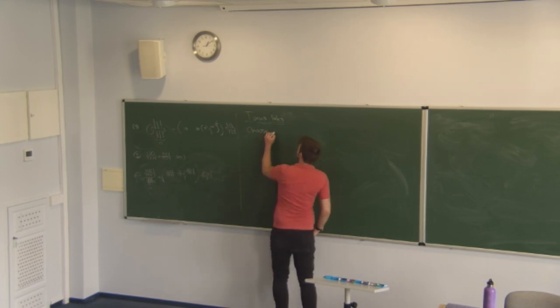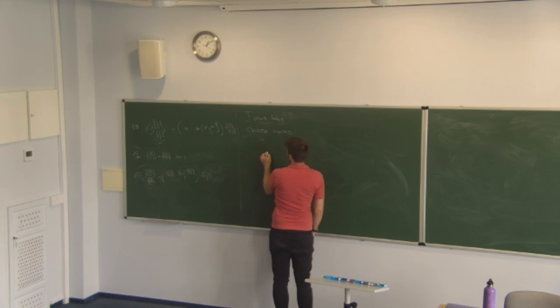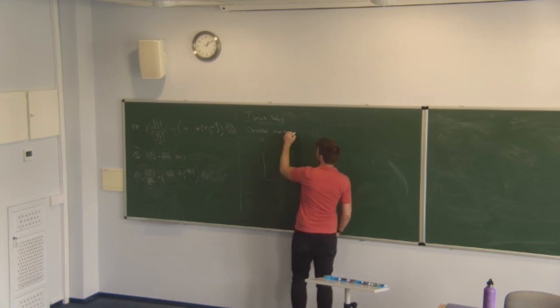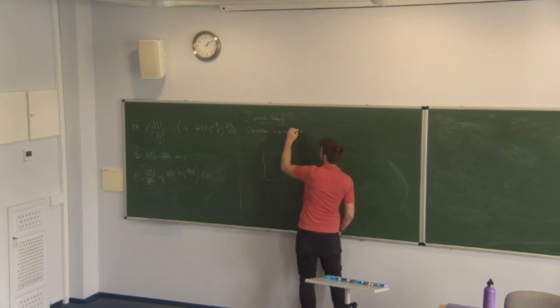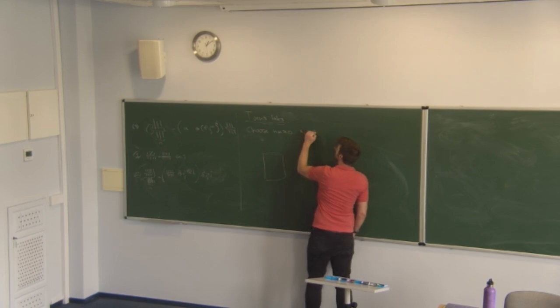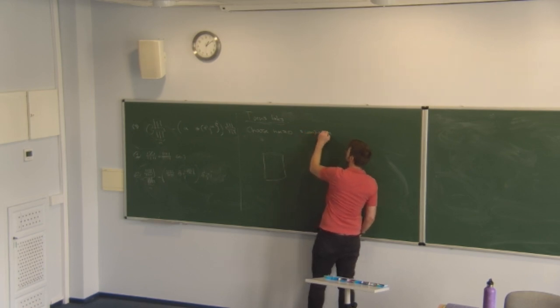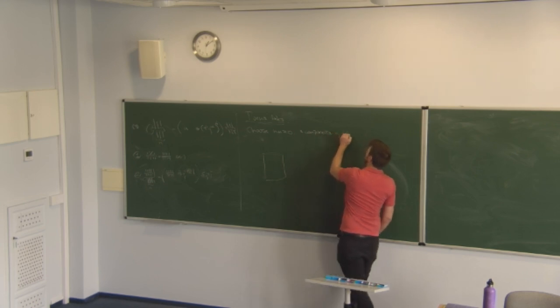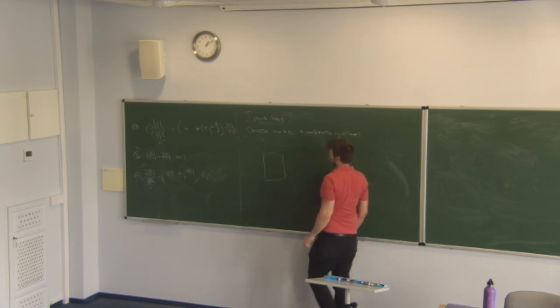Okay, so choose integers n and m, and for us they're going to be non-negative. Here's how you draw a torus knot or link. The number of components of the link is going to be the greatest common divisor.